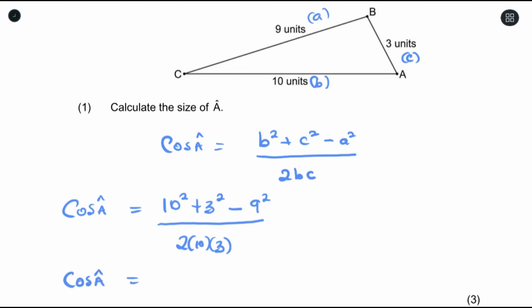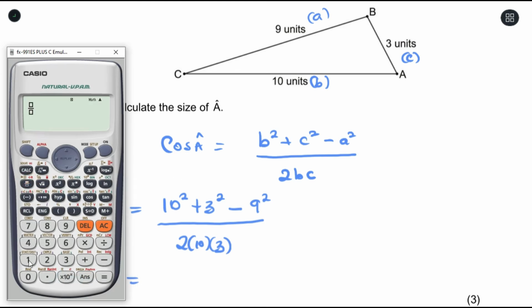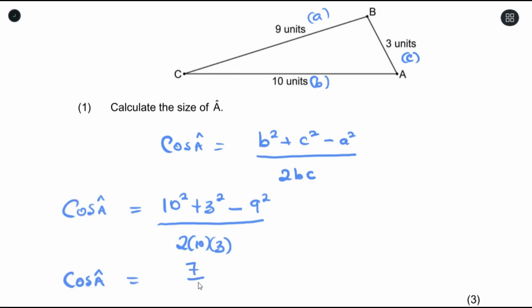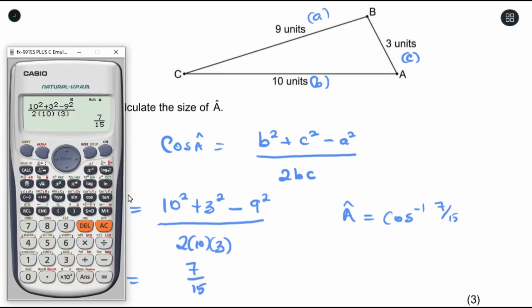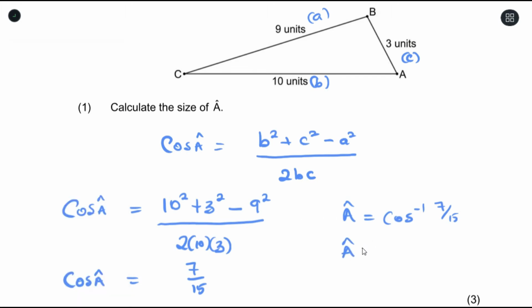so substituting this in your calculator, now to get your angle A, all you need to do is move the cos over to the other side, so it becomes the inverse cos of 7/15, and that gives you 62,18 degrees.